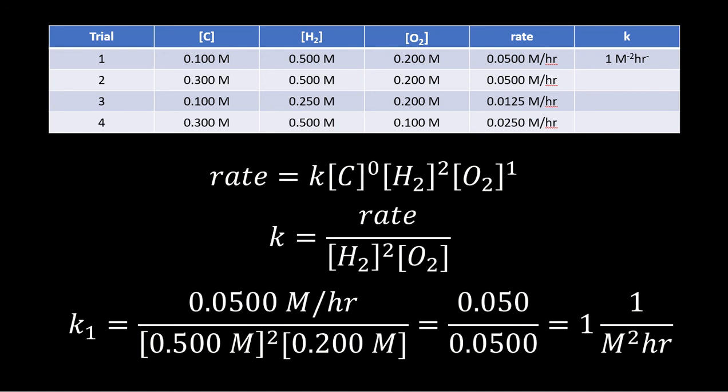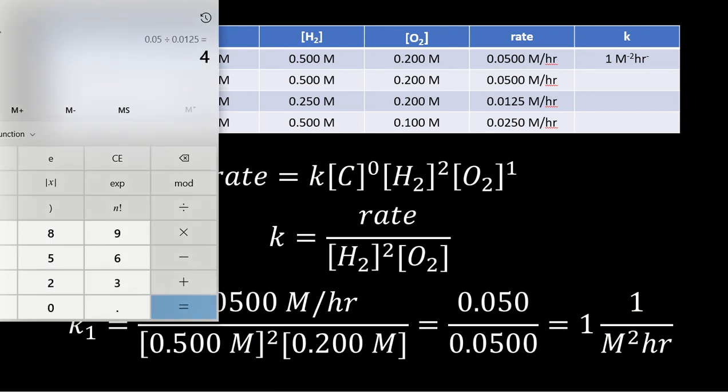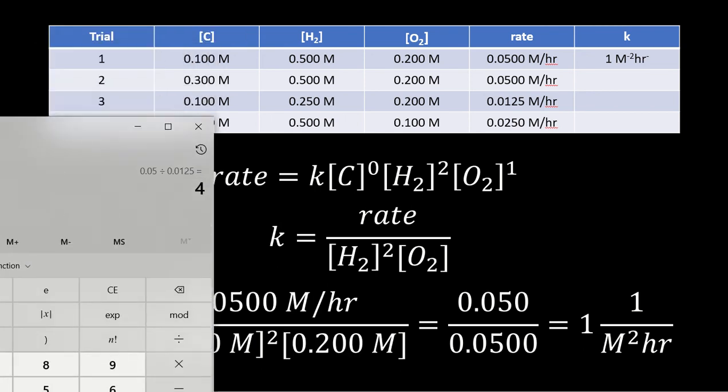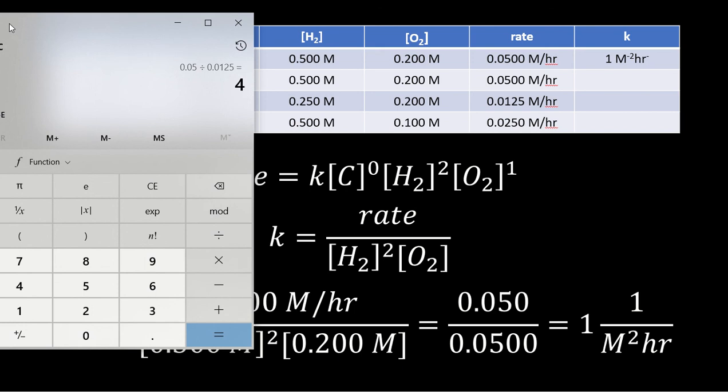Now, if we were to take the data in trial 2 to solve for the rate constant, let's just do it this way. Again, we don't need the concentration of carbon, so the rate constant is just going to be the rate. Let's look at trial 2's data: 0.0500, once again divided by 0.5 squared times 0.2.